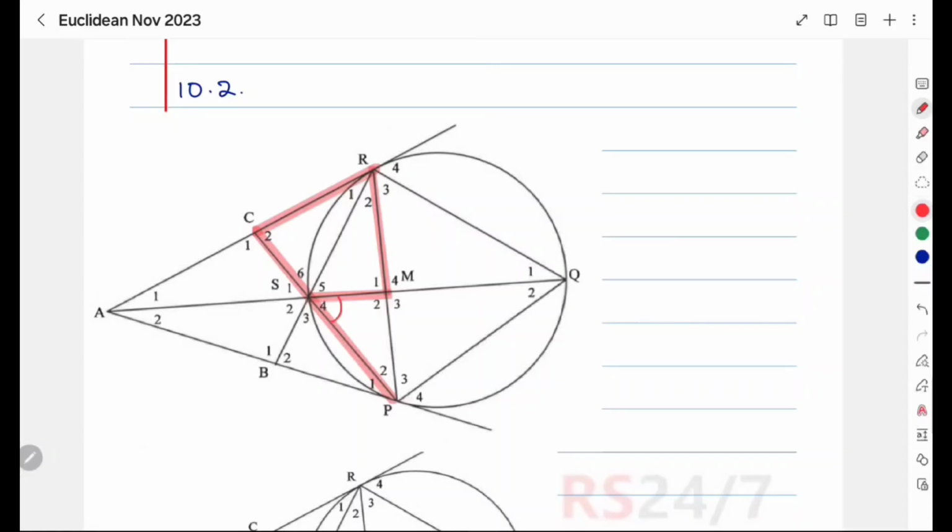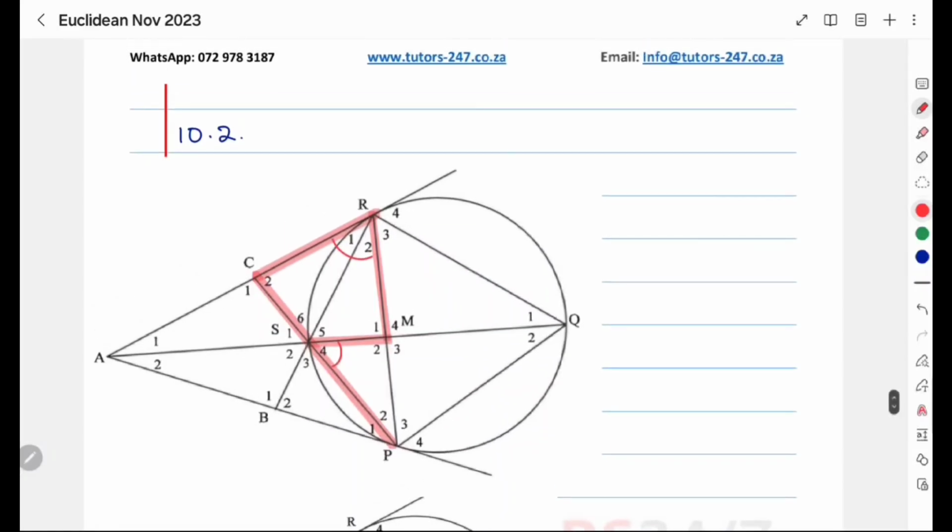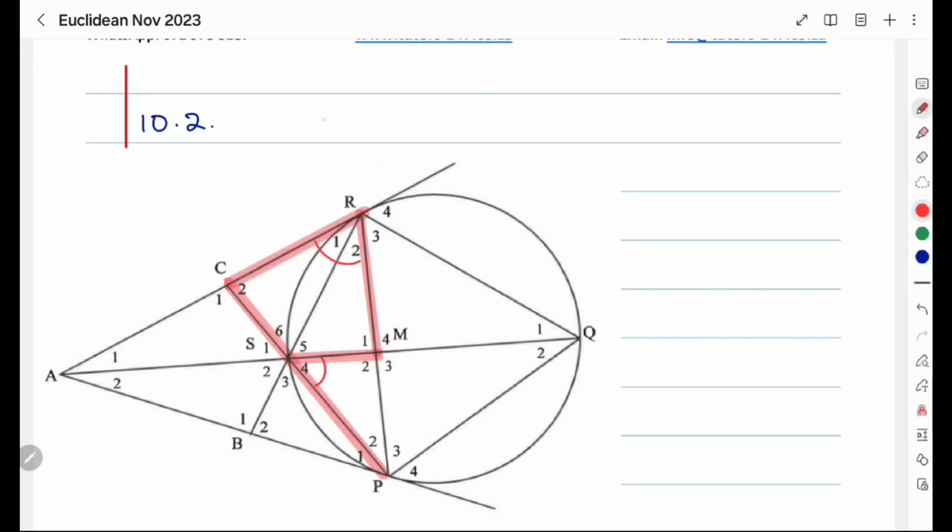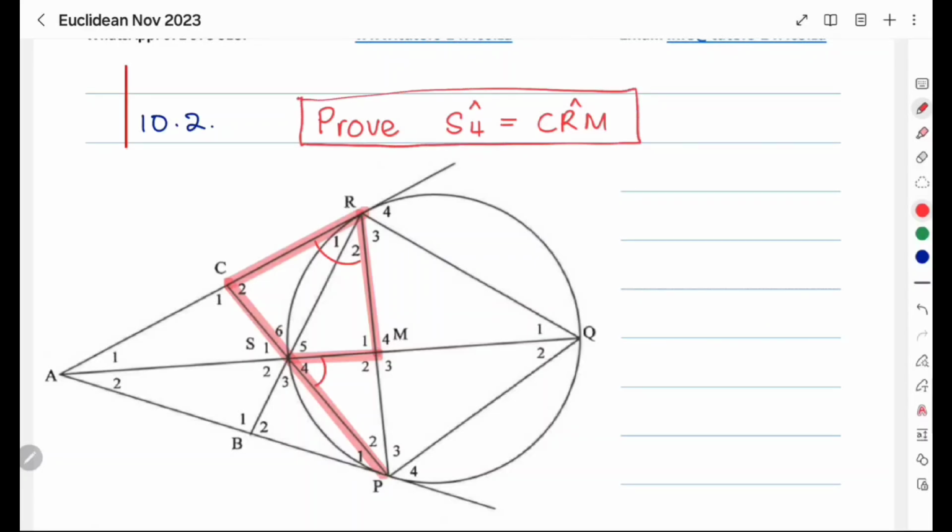So if we are able to prove that S4 is equal to R1 and 2, let us make a note of this. We are trying to prove that S4 is equal to CRM, or you can call it R1 and R2. If we are able to prove this, then we will have proved that this is a cyclic quad.